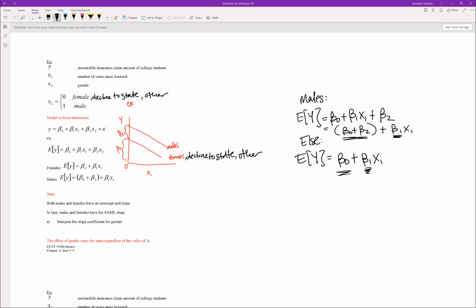So they both have an intercept and a slope, but both groups have the same slope. That means there's no interaction term.